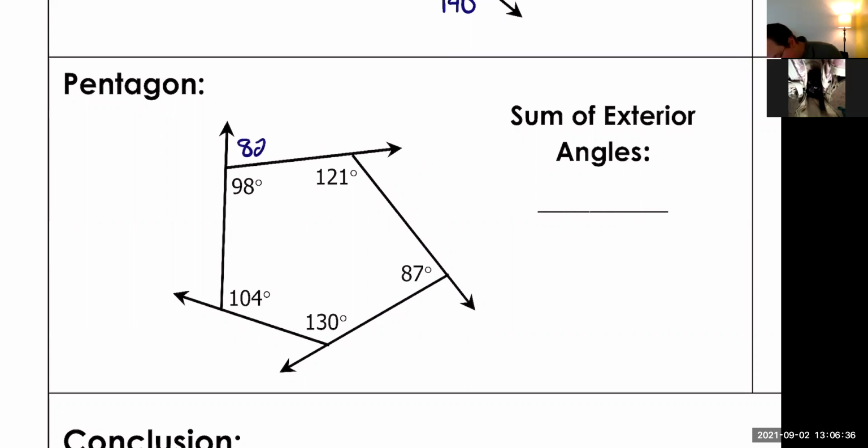The exterior angle should be 82 degrees, 59 degrees, 93 degrees, 50 degrees, and 76 degrees. Now I just need the sum. 360. Maybe Shanitha's right.